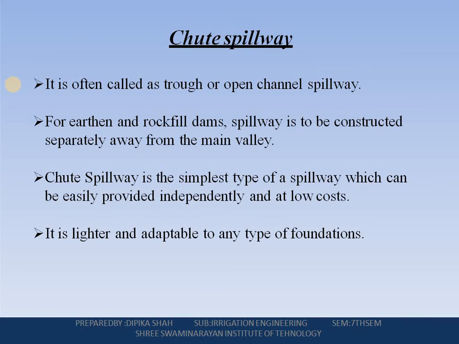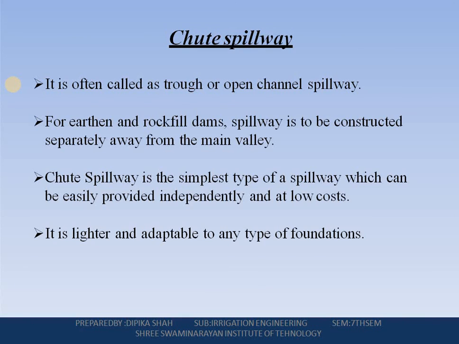So generally this type of spillway is provided on an earthen or a rock filled dam, and this is isolated from the main dam. It is placed normal to its center line, so it consists of a discharge channel to the river in an excavated trench, which is usually paved with concrete in whole or in part.